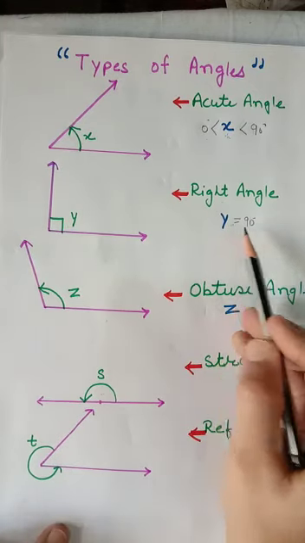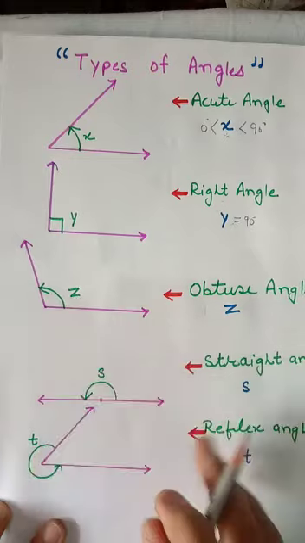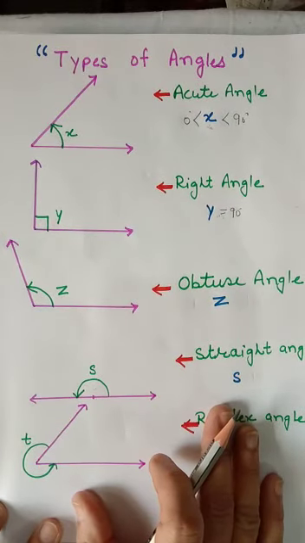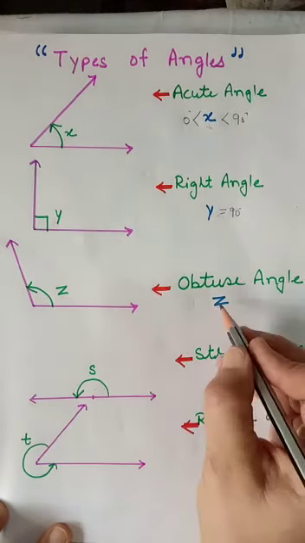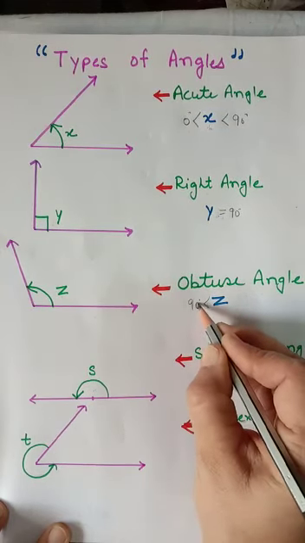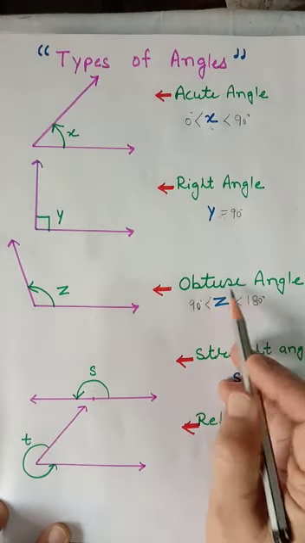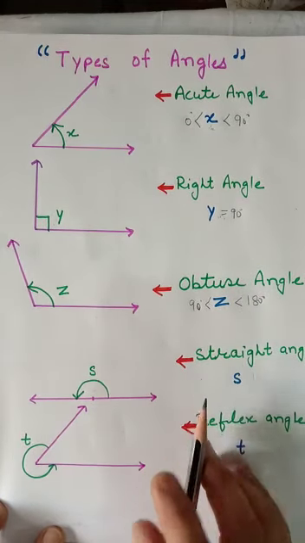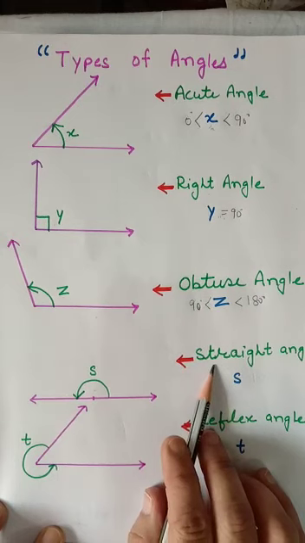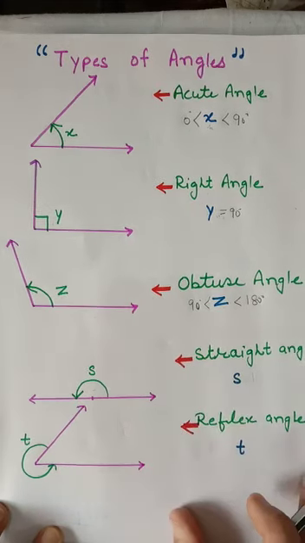Next is your obtuse angle. In this case I have taken angle Z as an obtuse angle. An angle whose measure is more than 90 degrees but less than 180 degrees is known as an obtuse angle. Next is straight angle.